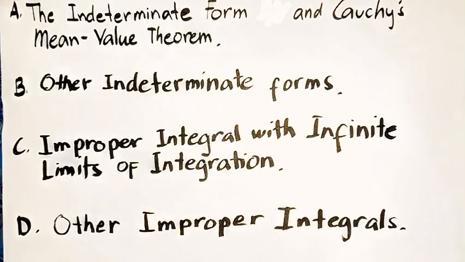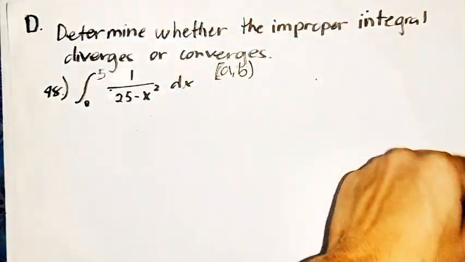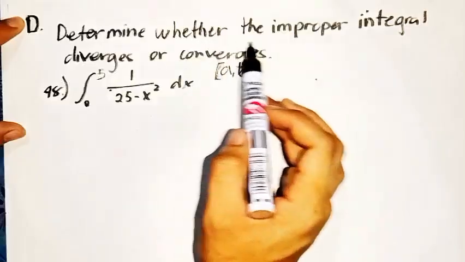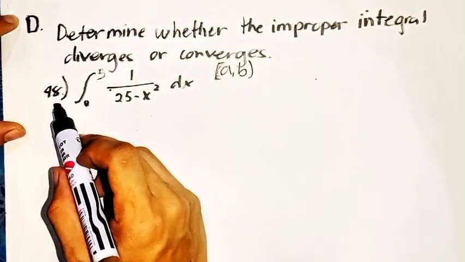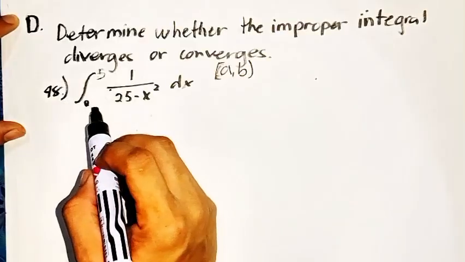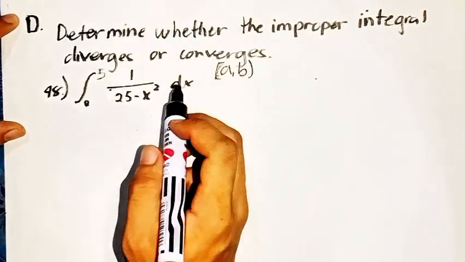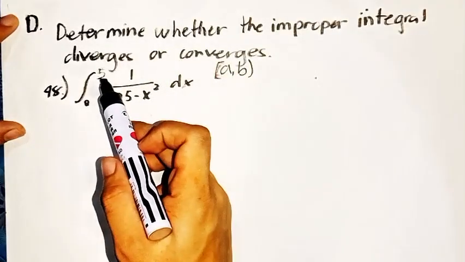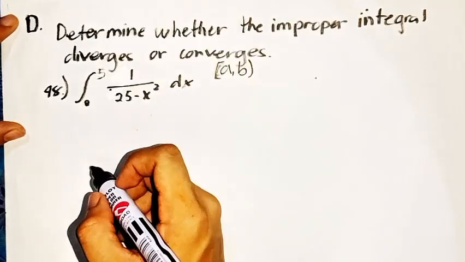Now let us proceed to our last topic, which is the other improper integrals. I have here a problem involving other improper integrals. Determine whether the improper integral diverges or converges. We have item number 48, which is the integral from 0 to 5 of 1 over 25 minus x squared dx. As you can observe in our problem, if we substitute 5 for x, it will become undefined.